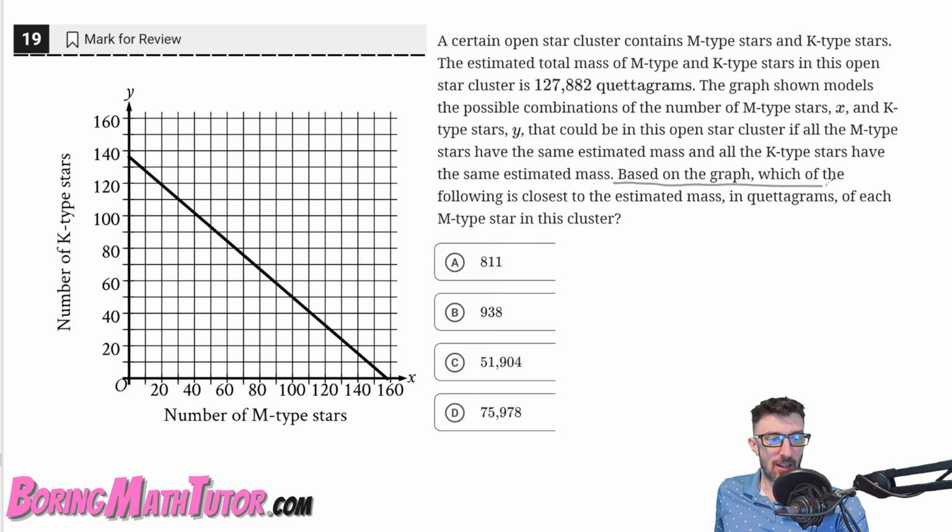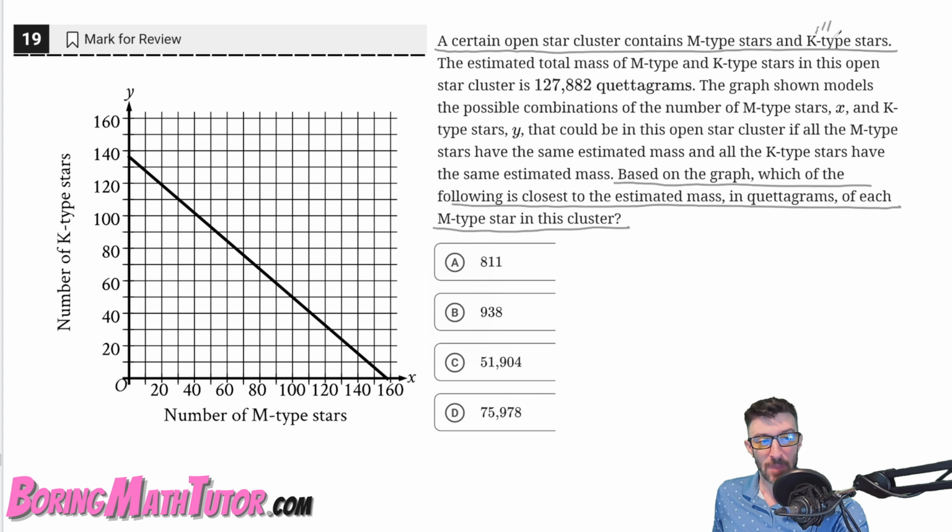We got one for the Star Wars fans here. They're saying based on the graph, which of the following is closest to the estimated mass in kilograms of each M-type star in this cluster. Okay, so let's go back and read. It says a certain open star cluster contains M-type stars and K-type stars. The K standing for kill type stars, kind of like the Death Star.